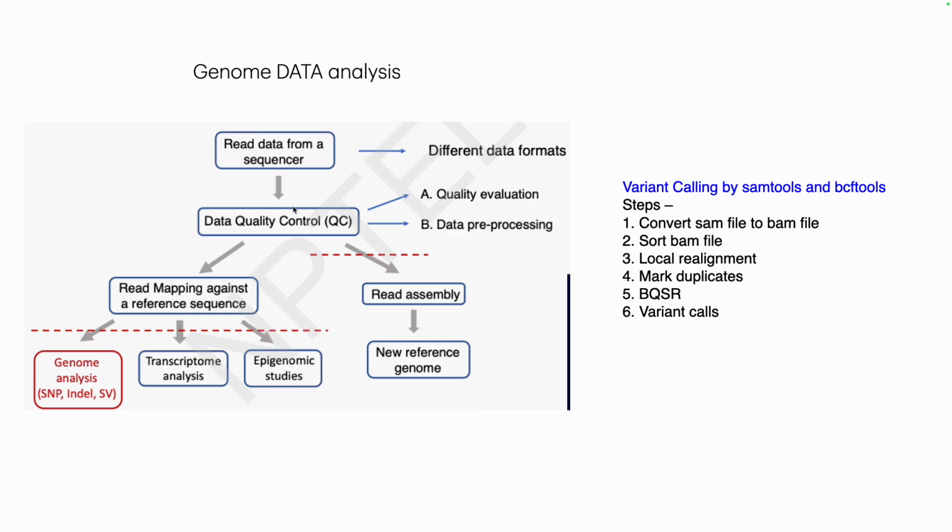The objective here for analyzing our data is to find the genomic variants or the mutations or SNPs, indels, SVs in the assembly file.